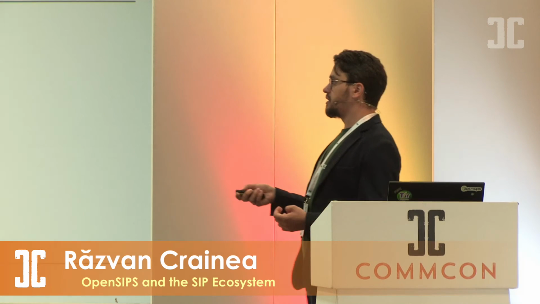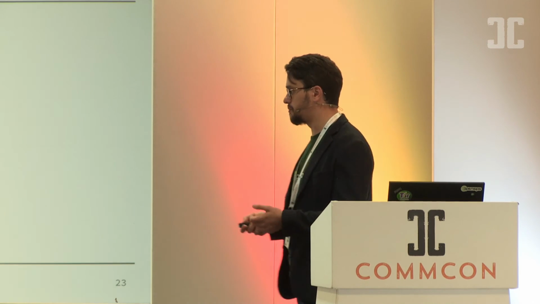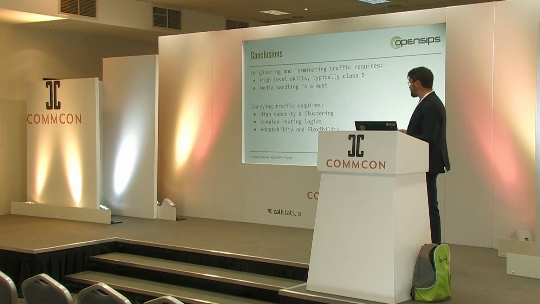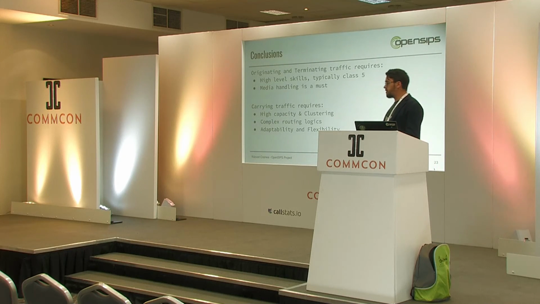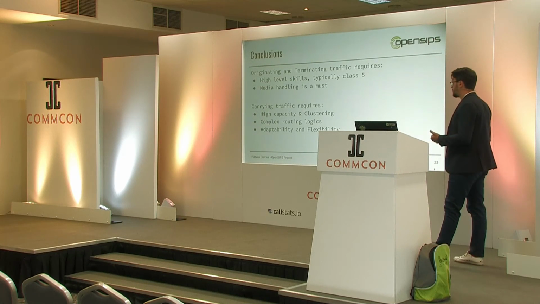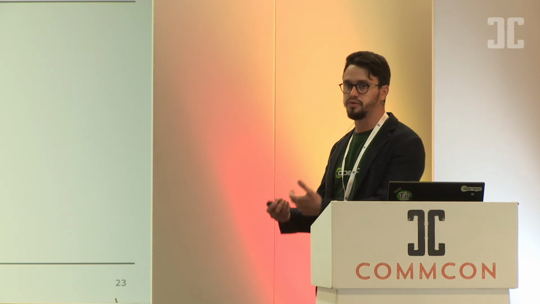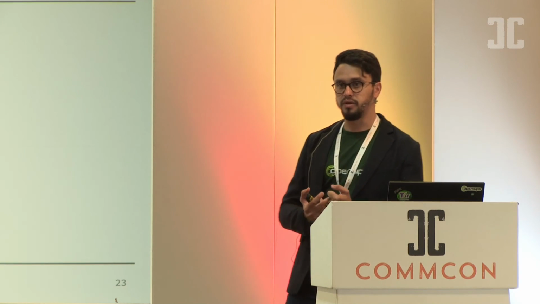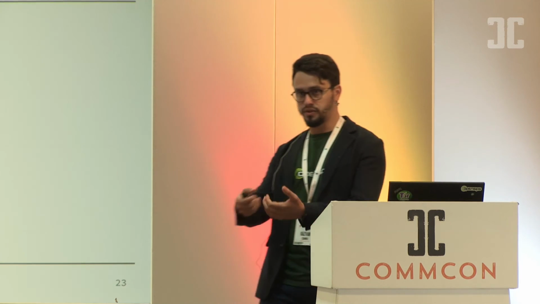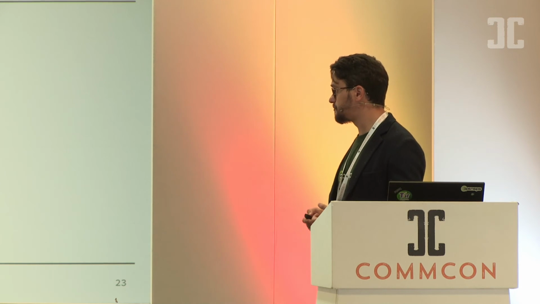The other category is carrying traffic, which requires very high capacity, a way of clustering, a way of offering high availability, failover in case of problems. It also needs to have really complex routing logic, but it also needs to be adaptive and very flexible in order to ensure security and normalize the traffic that goes towards the core network.